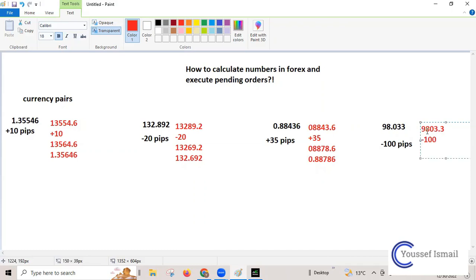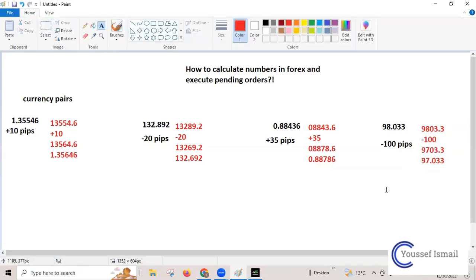If we use our calculator, the result will be 9703.3. And then we're going to change it back to its original form, and it will be like so, 97.033. So this is how to calculate numbers regarding currency pairs.